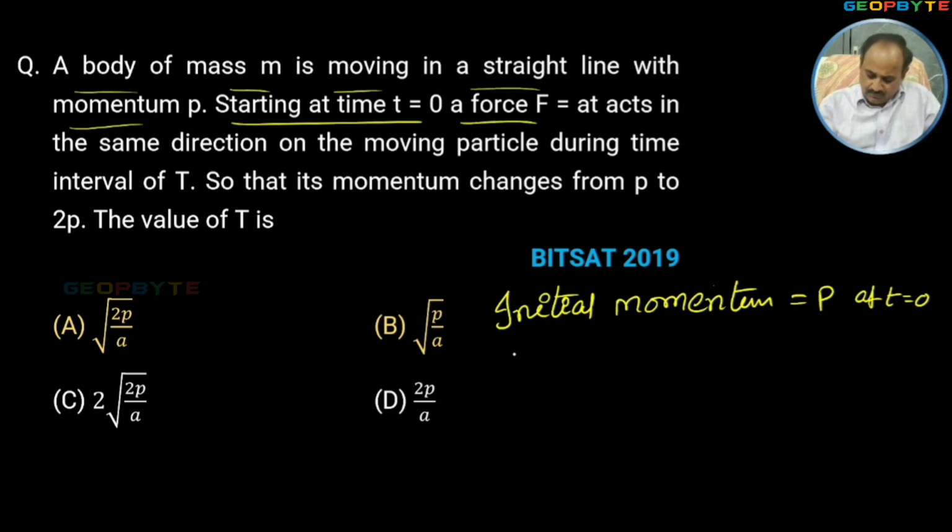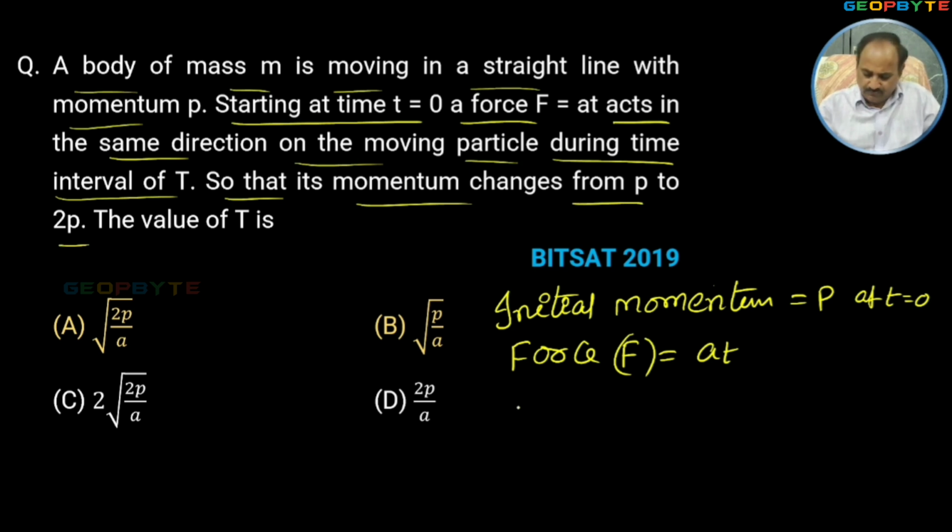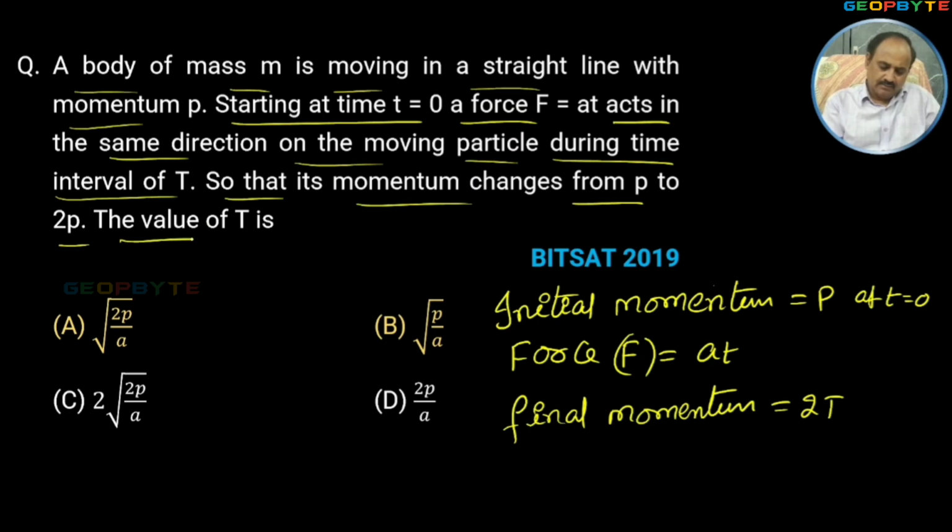A force F equal to a into t acts in the same direction on the moving particle during the time interval T, so that its momentum changes from p to 2p. Then what is the value of T?